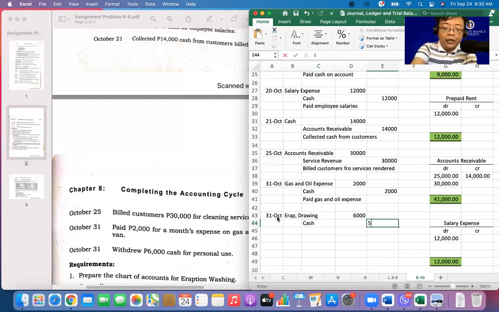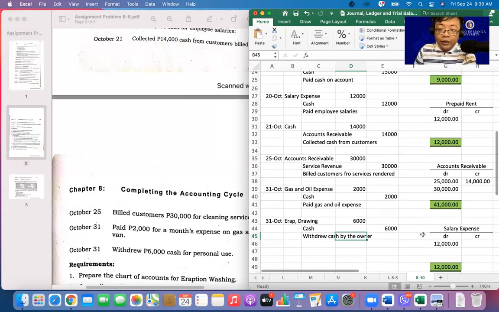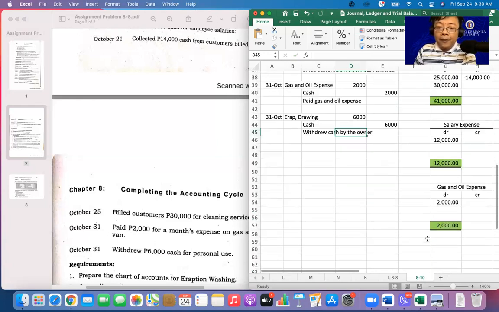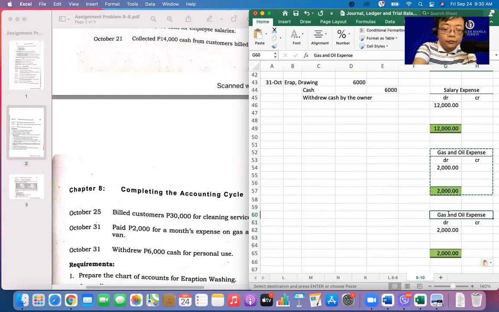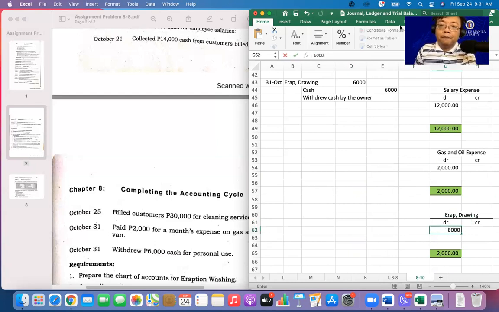Withdrew cash by the owner. So drawing worth 6,000. All right, wait lang ha.